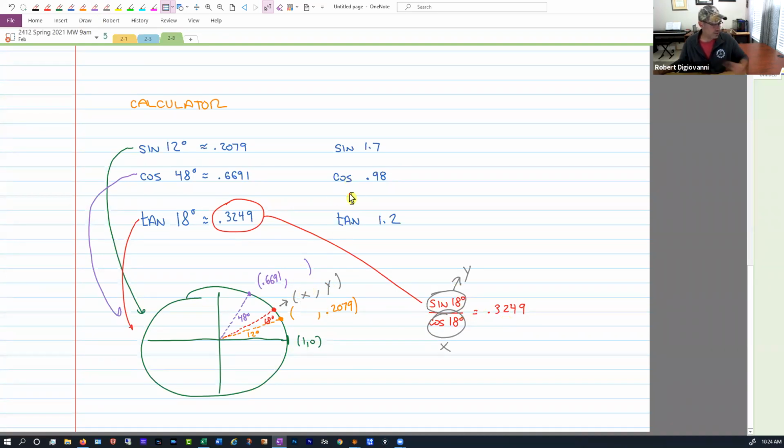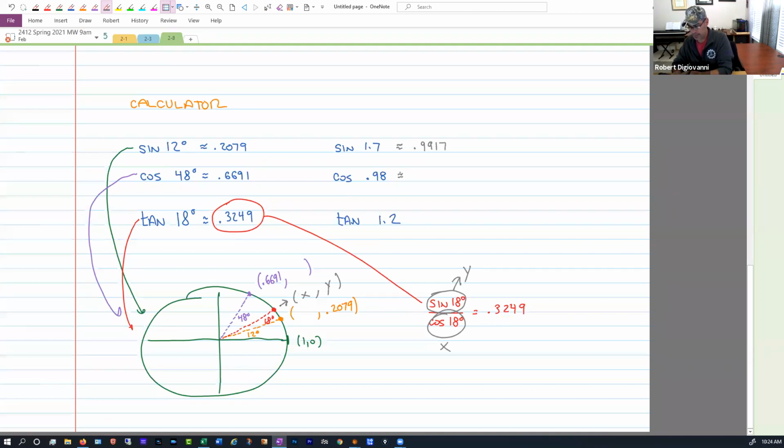Okay, let's do this. So you switch to radian mode on your calculator. Anybody have a question? No? Okay, sine of 1.7. Uh-oh. I get approximately 0.9917. I rounded.